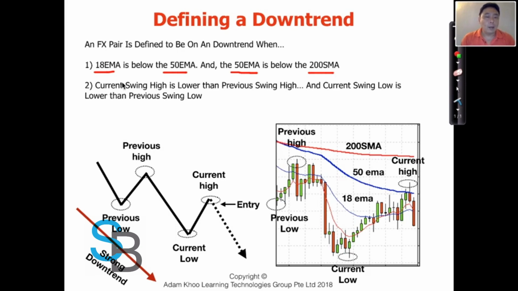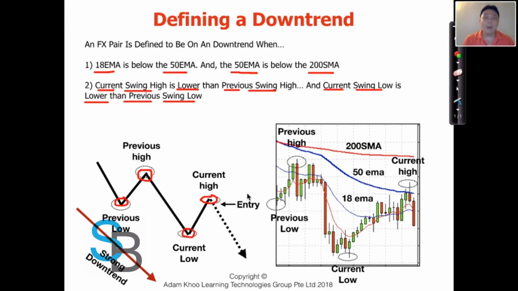Next, we want to ensure that the current swing high is lower than the previous swing high, and the current swing low is lower than the previous swing low. To illustrate, take a look at this graphic over here. We want to see this particular pattern of lower highs and lower lows.